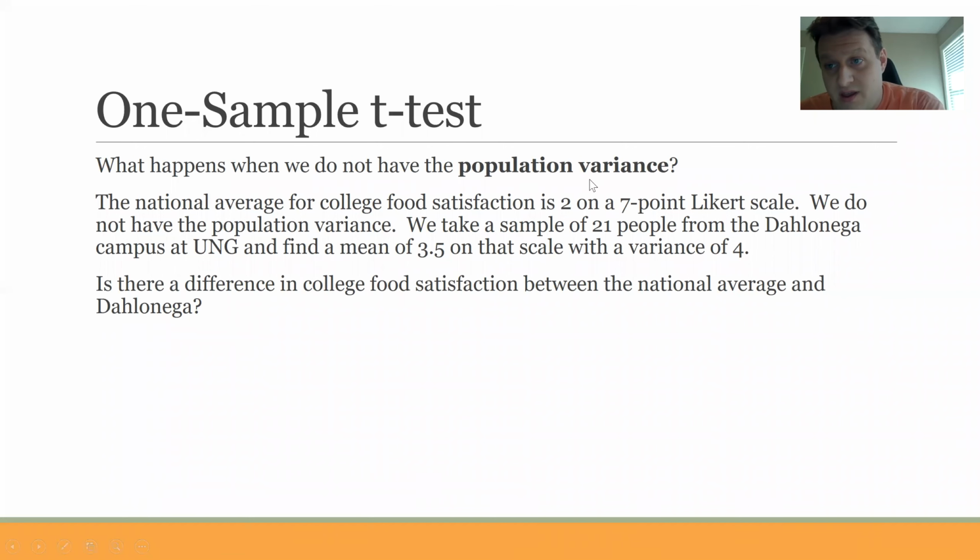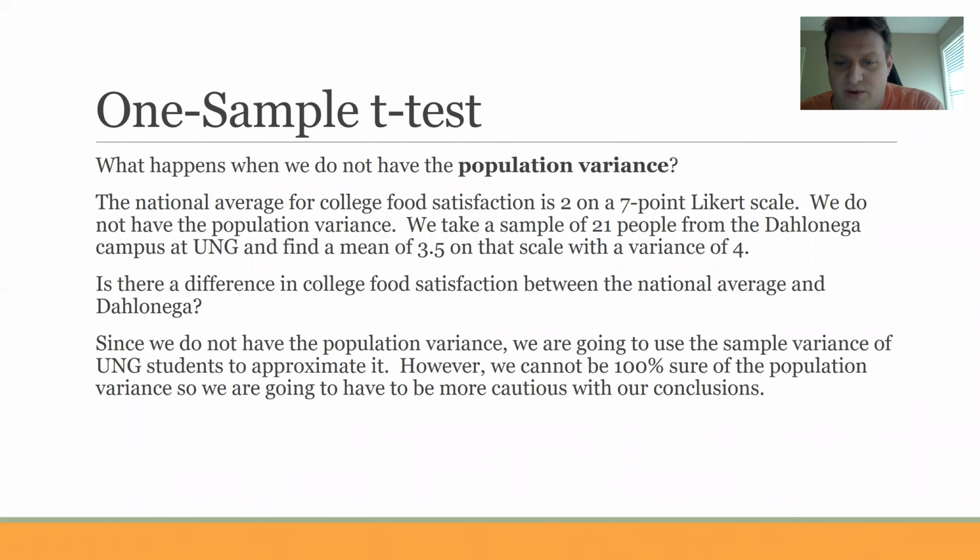Well, let me tell you, everything that we're going to do is going to be very, very similar to the one sample z-test. In fact, you might not even really notice a difference at all. There'll be two minor differences, and that's pretty much it. So since we don't have the population variance, we're going to have to use the sample variance for UNG students to approximate what the true population variance is.